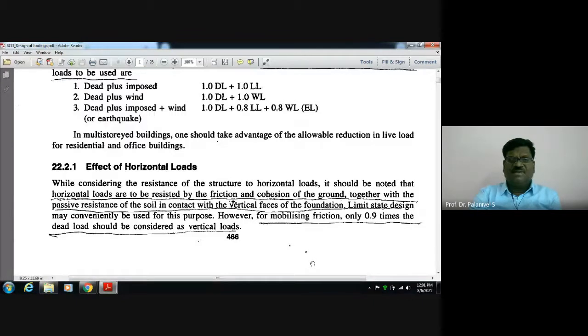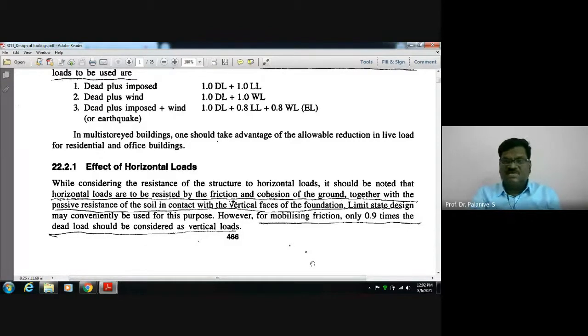This and all, effect of horizontal loads. Only for vertical load, vertically acting, actually downward direction acting load only we do it. If the structure, the building frame, is subject to lateral loads, horizontal loads due to pressure, the foundation should be well anchored in the soil.